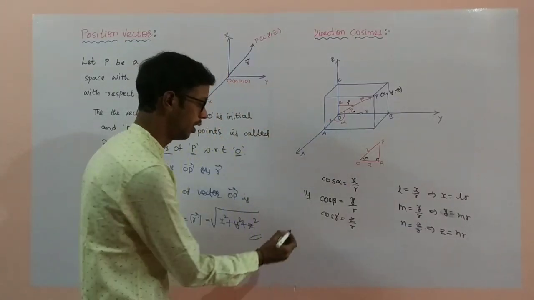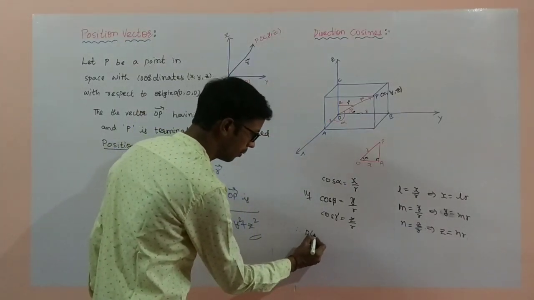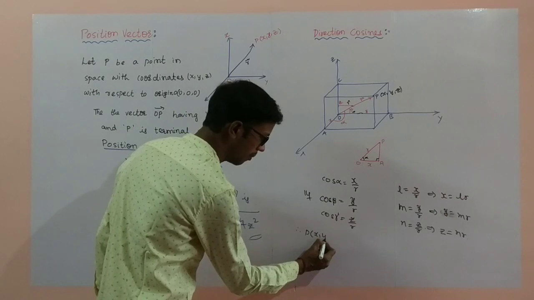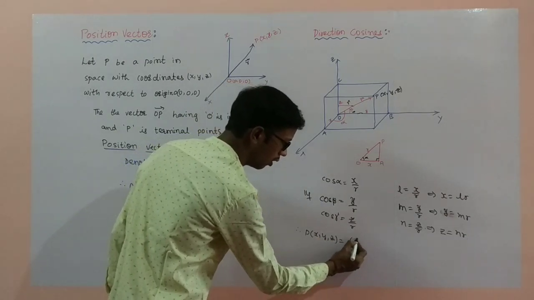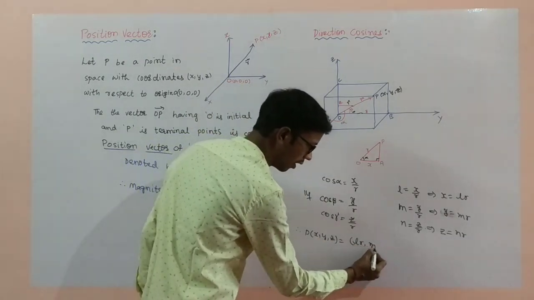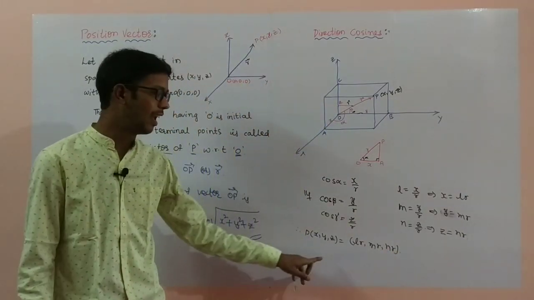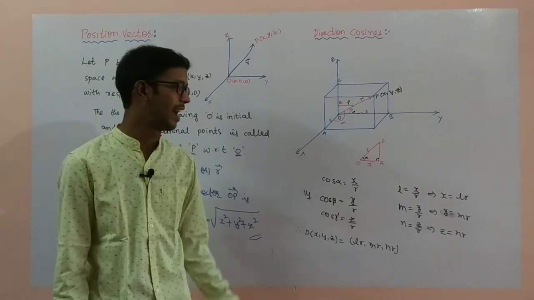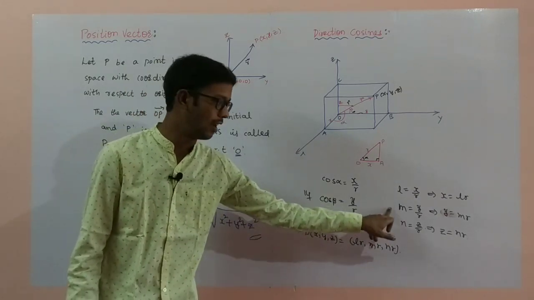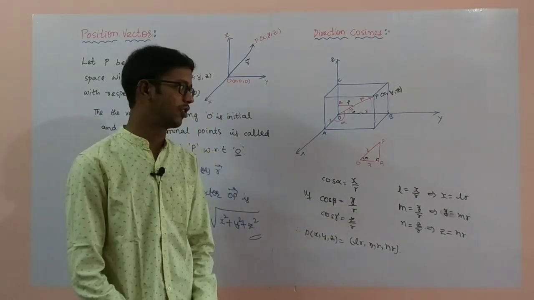So the point P, x comma y comma z, is equal to LR comma MR comma NR. L, M, N are called direction cosines.